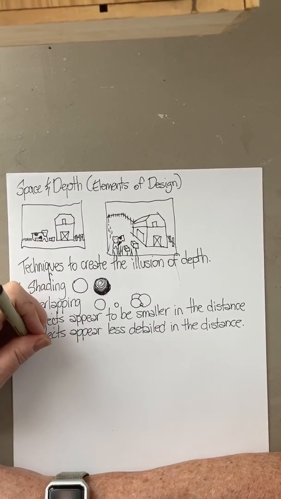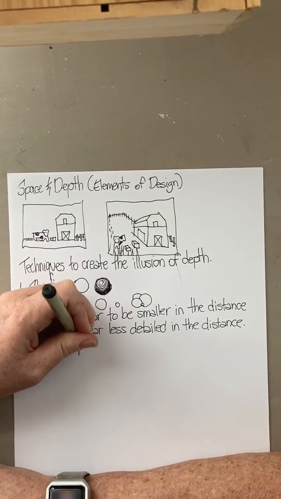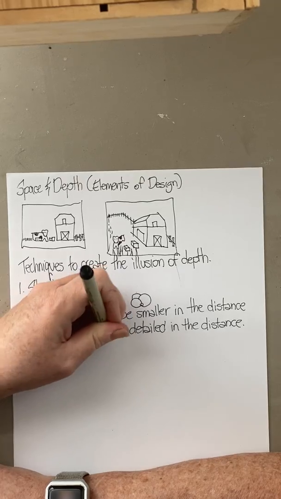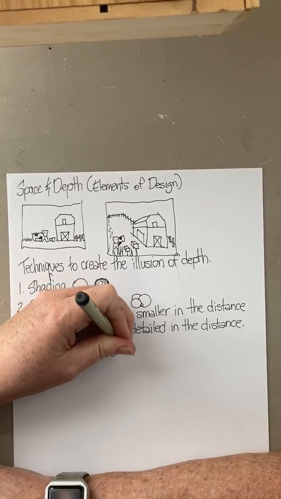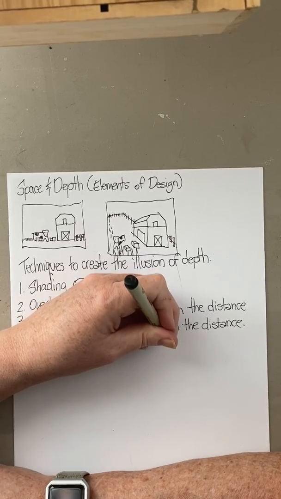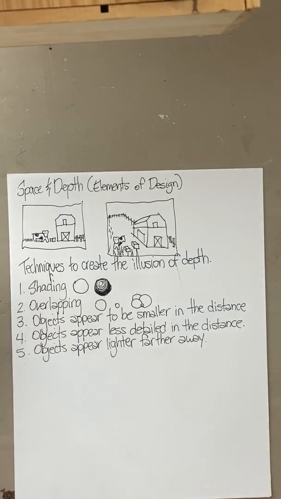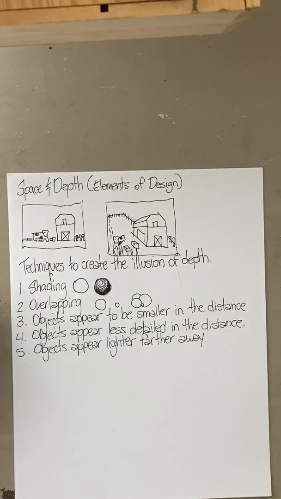Other things that happen is objects will appear lighter. And again, I'm going to be specific when they're farther away. Think of like a range of mountains, how they get lighter and lighter in the distance.